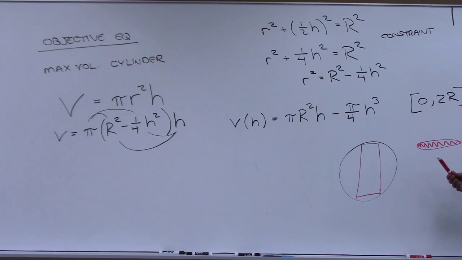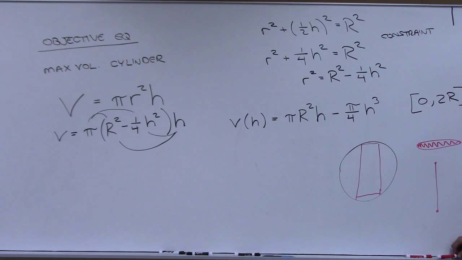I would never do that, but would you agree 0 is the lowest I'd ever go? It would be stupid for me to even try it. And then the other thing is to let h be 2R, which would mean you would have to touch the top and the bottom, which means your cylinder would be a straight line with no radius to it, which would be the other extreme, which would be ridiculous, but I think we can safely search just in here, can't we?